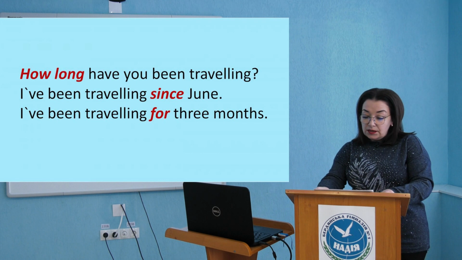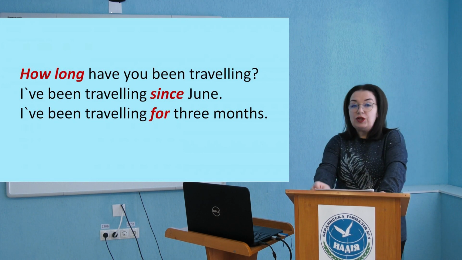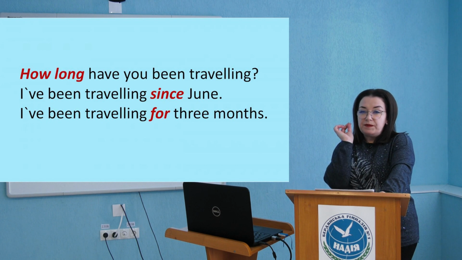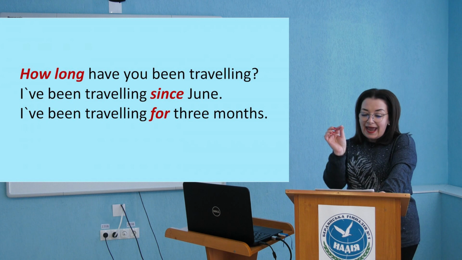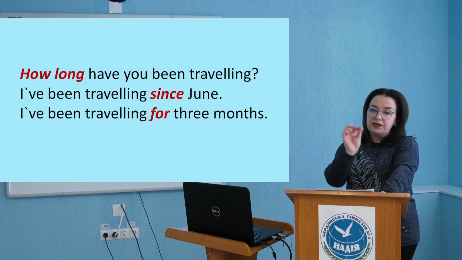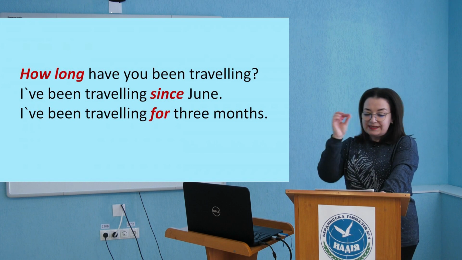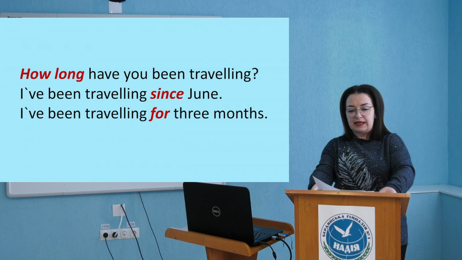Okay, to make sure that you are always listening for the clues in the question, you should be very certain. How long can help you to identify when you can use these words for and since to give your answers in the present perfect tense.